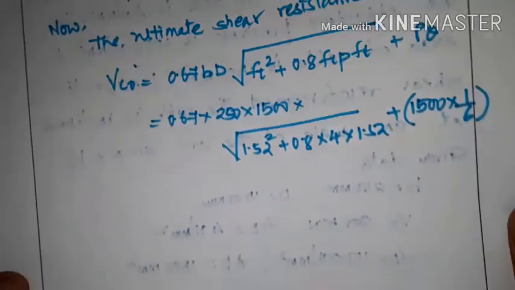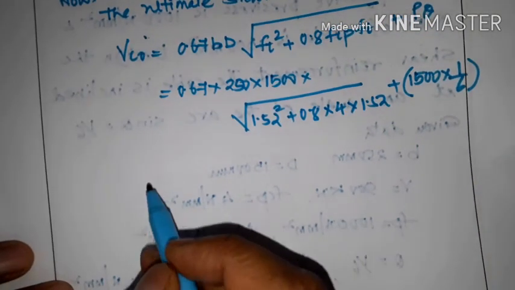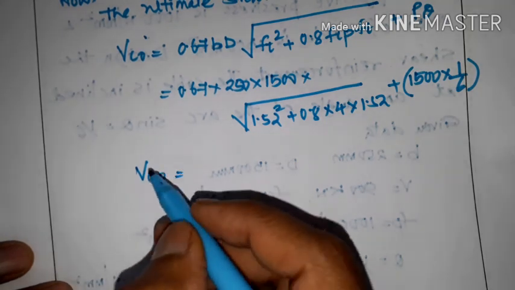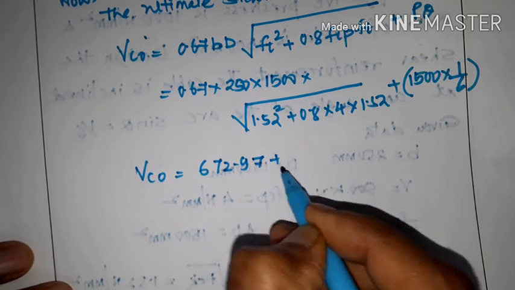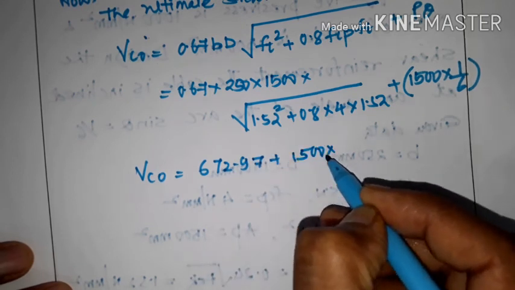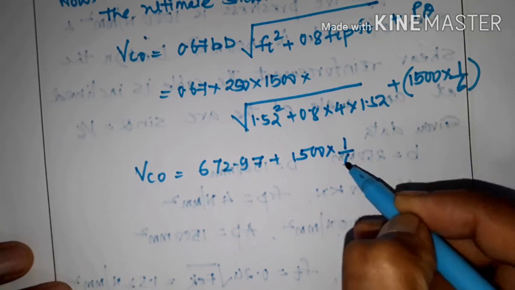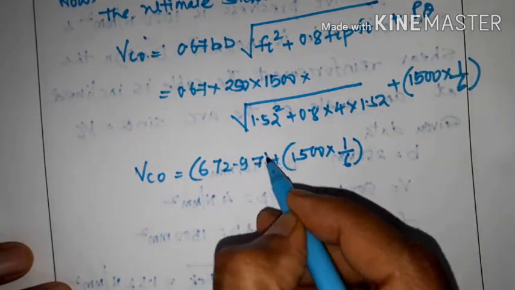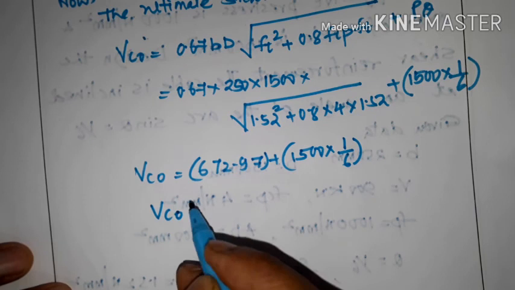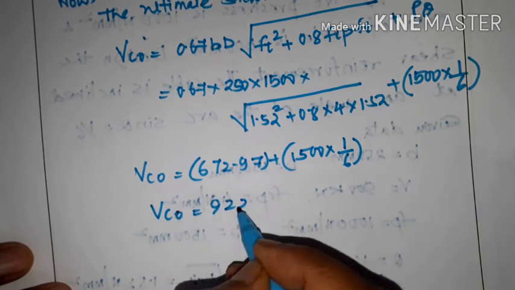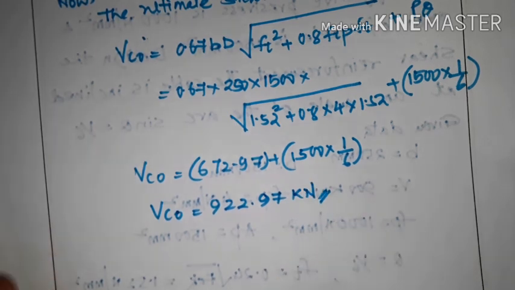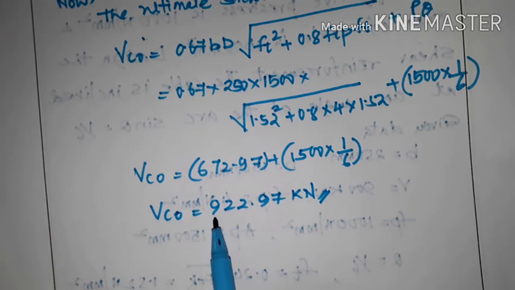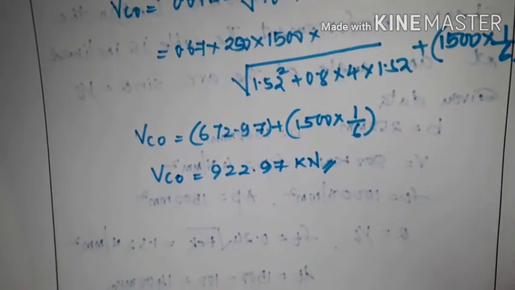Now we get VCO equal to 672.97 plus 1500 into 1/6. So the total VCO is 922.97 kilonewton. The total shear resisted by concrete is 922.97 kilonewton.